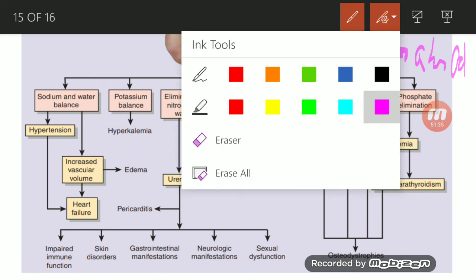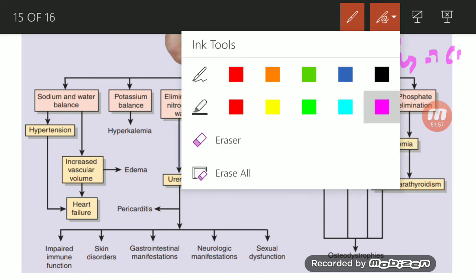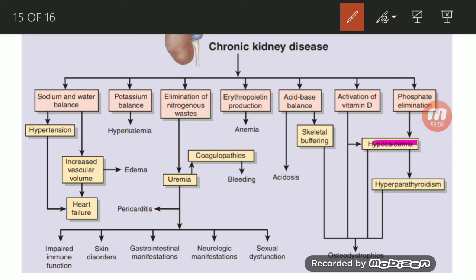So whenever your calcium is not going to get absorbed, it means you are getting hypocalcemia. Less amount of calcium in your body is hypocalcemia.